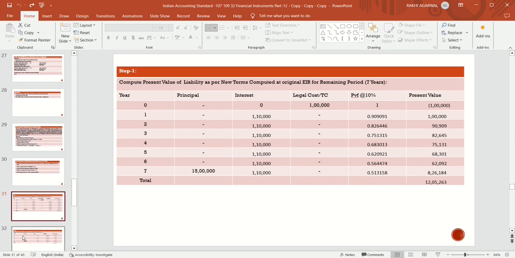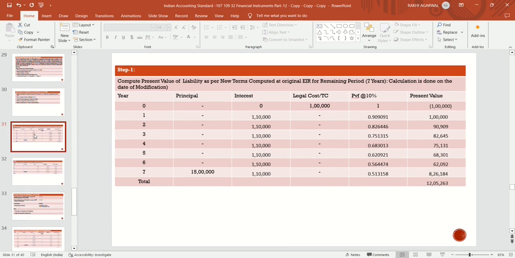For that, we will have to compute the present value of the liability as per new terms, computed at the original EIR for the remaining period, that is 7 years. The calculation is done on the date of modification.